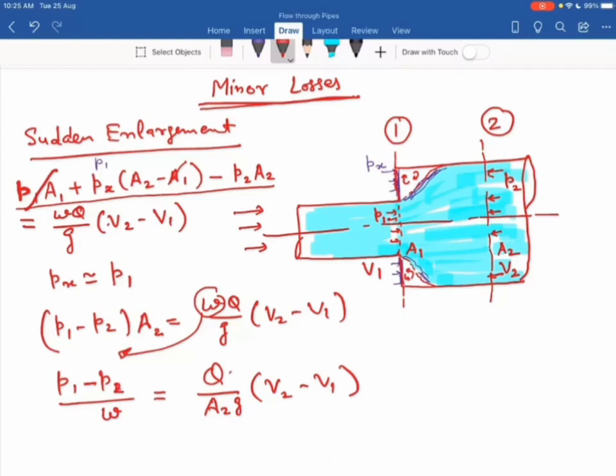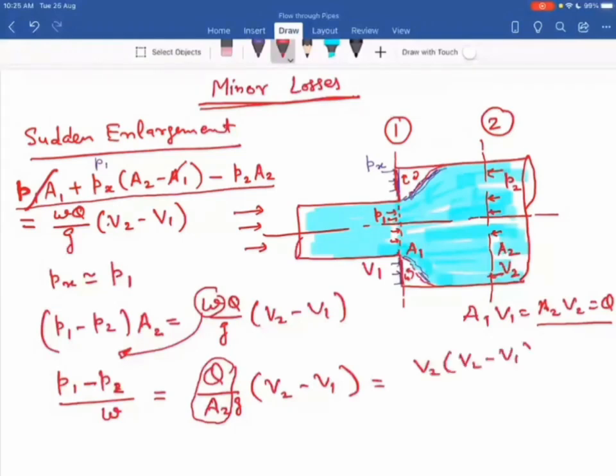So further I write this Q upon A2. So A1 V1 is equal to A2 V2 is equal to discharge. Okay. So Q upon A2 I can write as V2. So I write it as V2 into (V2 minus V1) divided by G, equation number 1. So this is the pressure drop from section 1 to section 2.